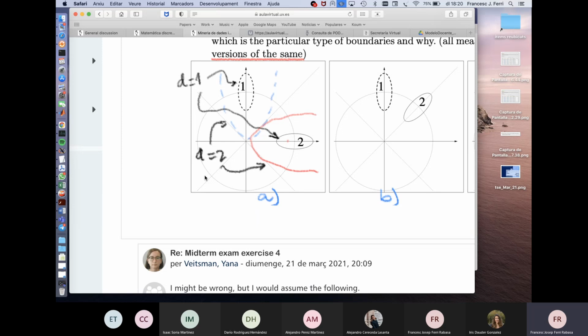If this is like this, this goes to infinity. Then it arrives here, and now what happens? But the thing is that this is the solution.